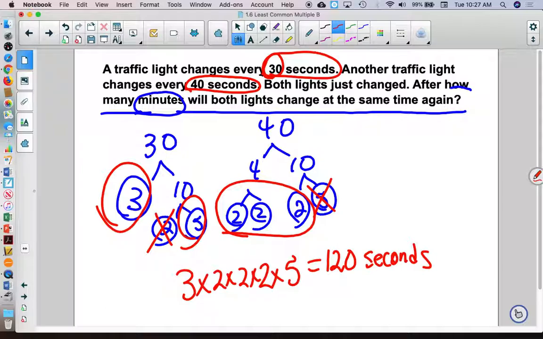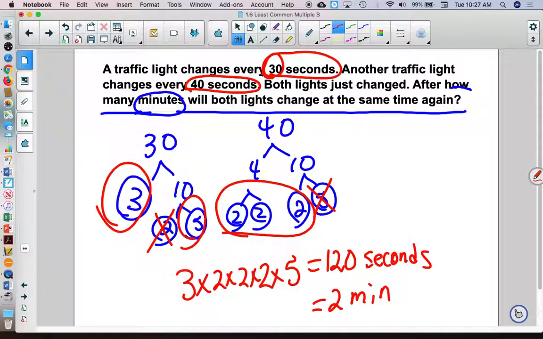What I would do is turn 120 into 60 seconds, which adds up to 2 minutes. I agree with you. I personally would probably take 120 and divide it by 60, because there are 60 seconds in a minute. So I have 2 minutes.